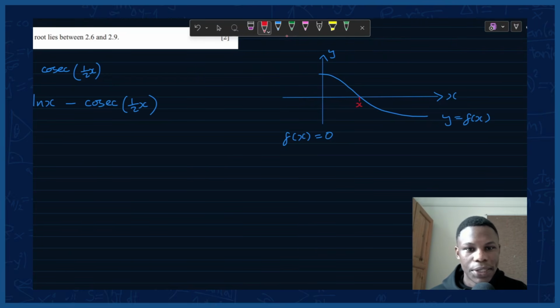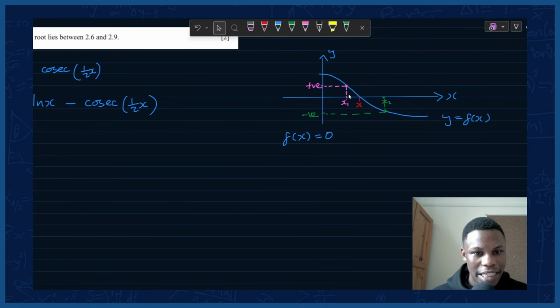Using numerical solutions, the thinking is that if I pick a value here, so this is my x1, you can see that f of x is going to be positive at this point. And if I pick a value after the root, we'll call this our x2, f of x2 is going to be negative.